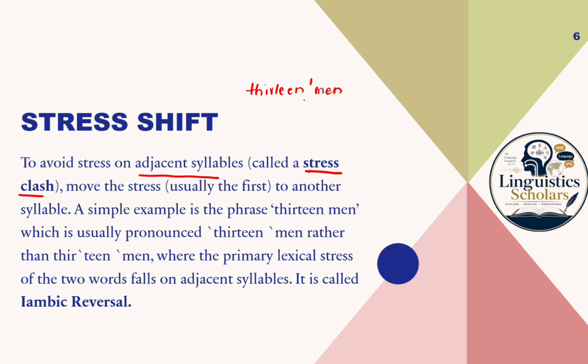And in thirteen, as you can see, teen takes stress as it is an affix. As you can see, the stress falls on adjacent syllables, and this situation is called stress clash.